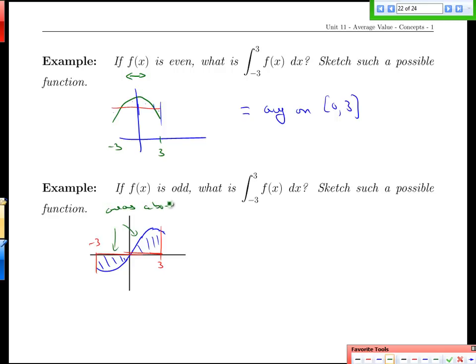Areas above and below y equals 0 must be identical. And if that's the case, the average value must equal 0. So if you have an odd function and you find the average over an interval symmetric on either side of the axis, you'll get a 0 value.